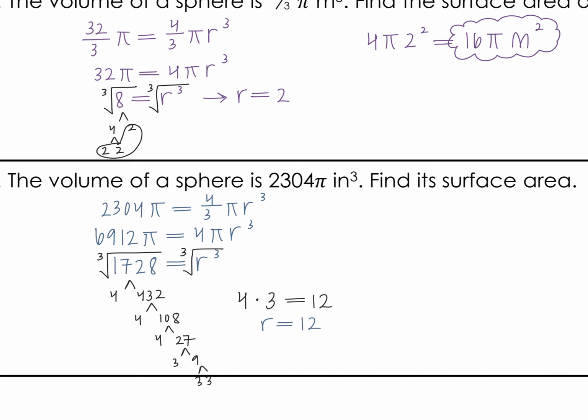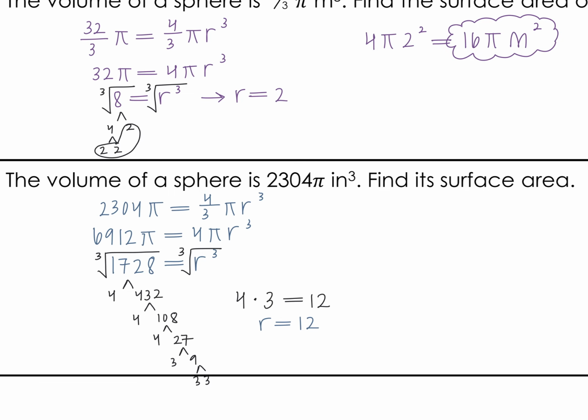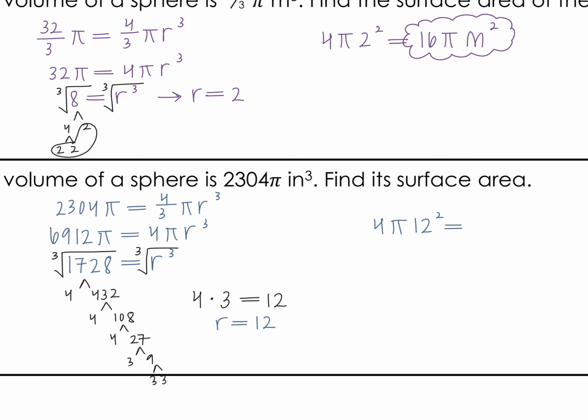Okay, so with that being said, now that we know my radius, we can plug in that 4 pi 12 squared, which 12 squared is going to give me 144, times 4 should give me 576 pi inches squared.